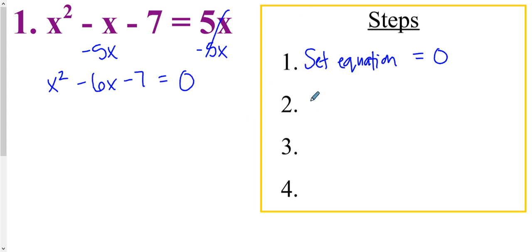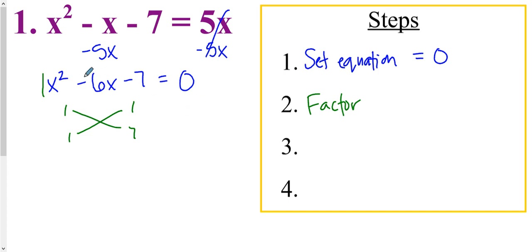Once we equal 0, now we can factor. This kind of factoring is bow tie. I have 3 terms. I'm going to put factors of my front number on the left, so in this case it's 1s. And then I need factors of 7 on the right. Now my only option for 7 is 1 and 7, so I know those have to go there.